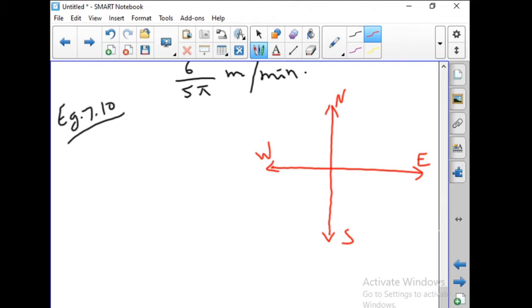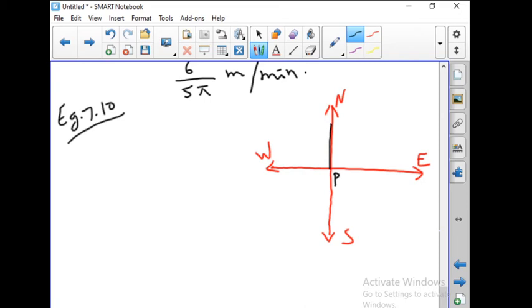Okay, so now what is the question given? A road running north to south crosses a road going east to west at the point P. So this is the point P. Car A is driving north along the first road. Okay, car A is driving towards the north. So from P it is traveling towards the north.